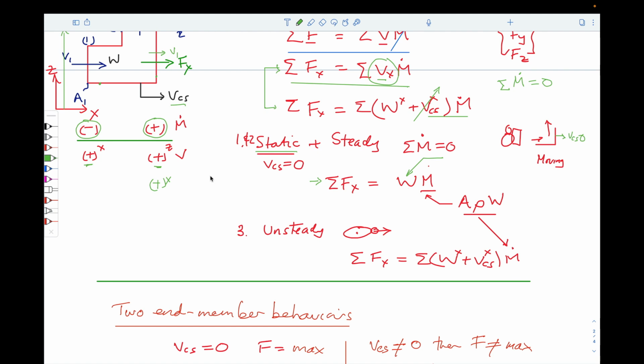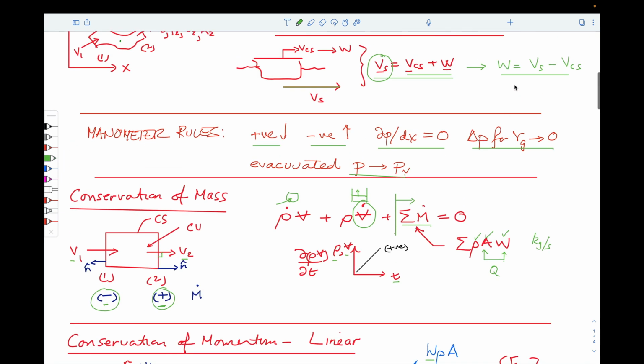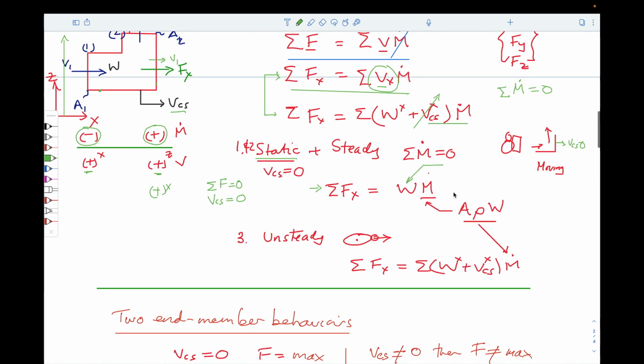We can solve for when the sum of the forces are equal to 0. Then we can use that to define what the velocity of the system is. And we can also use it when the velocity of the control surface is equal to 0. And we can use this summation of this term, V static minus VCS.